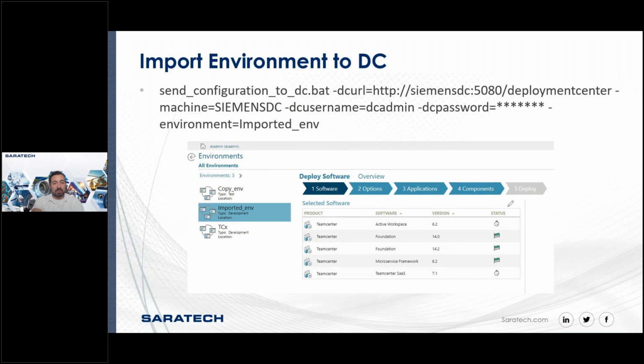Then you put the deployment center username, deployment center password, and the environment. The environment is the name that you're giving it, and the machine is the host name of where the machine is located. Here at the bottom, you can see after the send, I just gave it a name, imported_env. As you can see, all the information is already there, and it tells me that it has been installed.